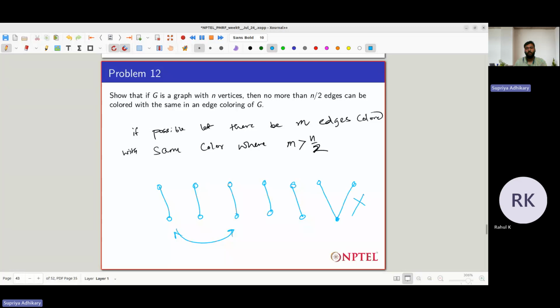So it cannot be like this. We can only have edges like this. So basically, we should have a matching that consists of m many edges. Now, if this is a matching of m many edges, then the total number of vertices that are involved in this matching should be 2m.